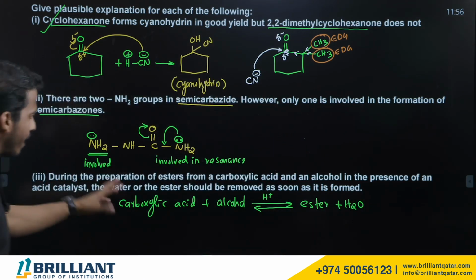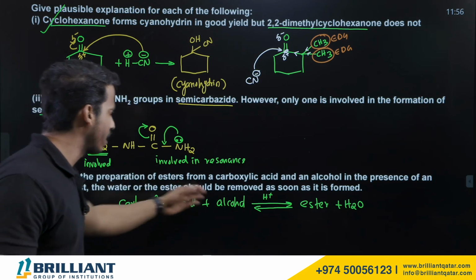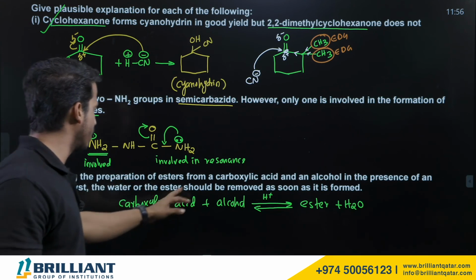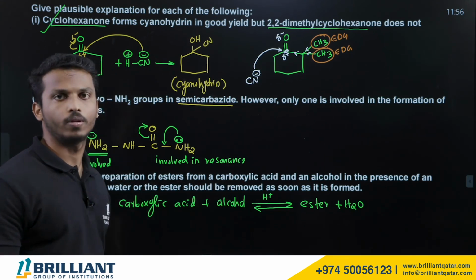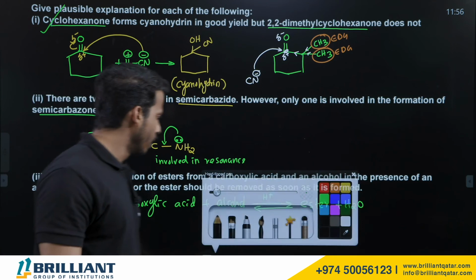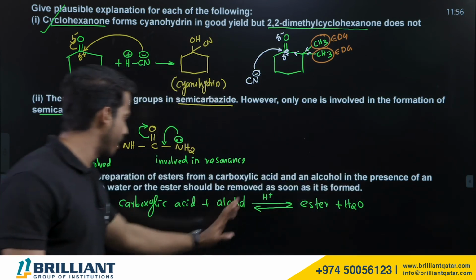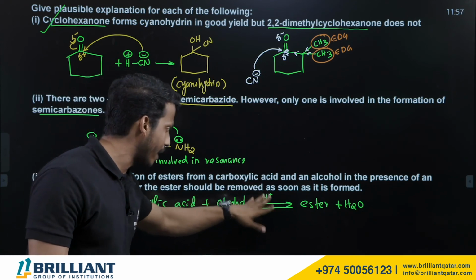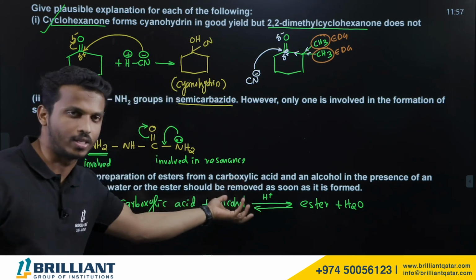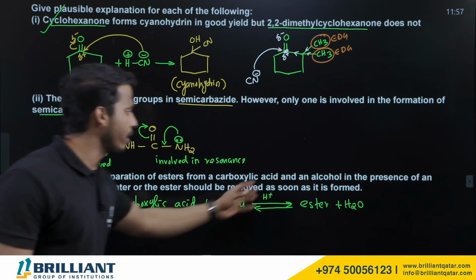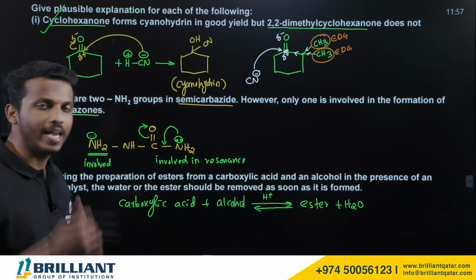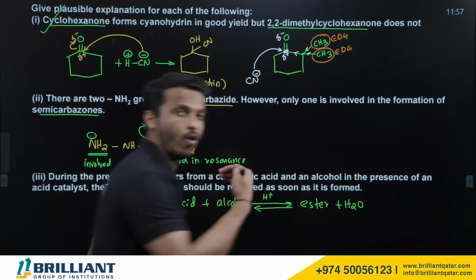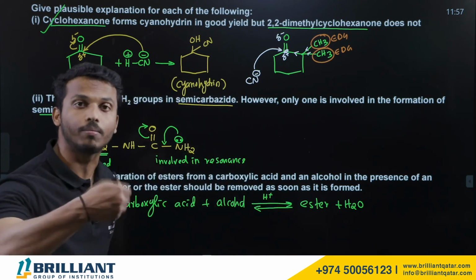During the preparation of ester from carboxylic acid and alcohol in the presence of an acid, the water or the ester should be removed as soon as it is formed. What is the reason? Let me come to the point. This is esterification, an acid reacting with alcohol in the presence of a strong acid catalyst like HCl. It will give you ester and water. They are saying that whenever the ester or water forms, you have to remove it from the system immediately.